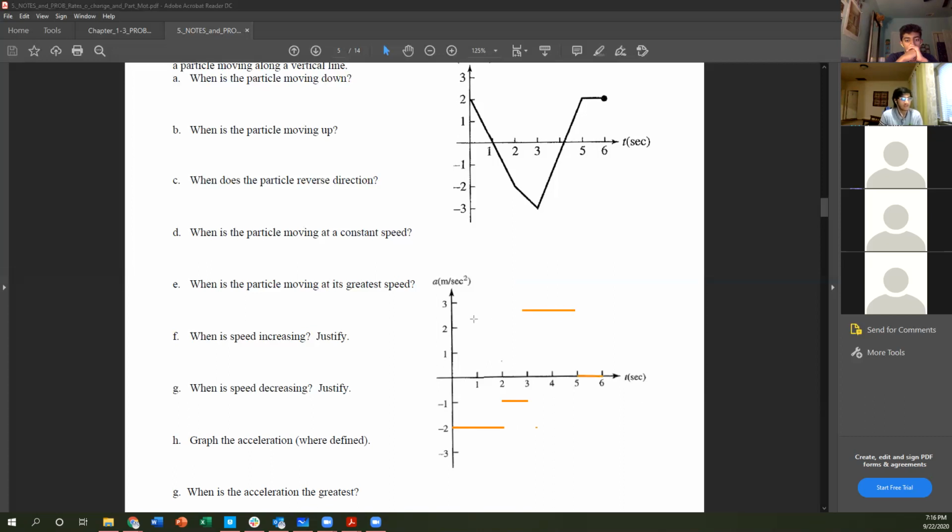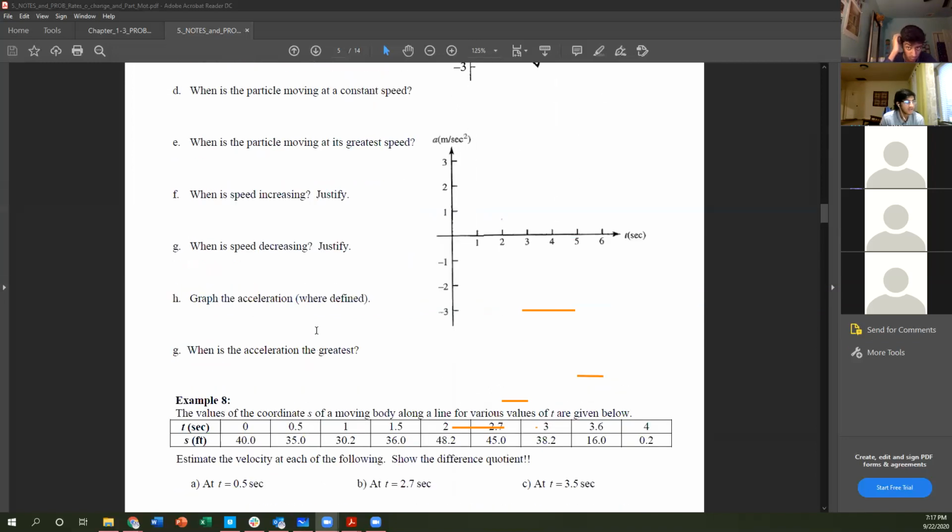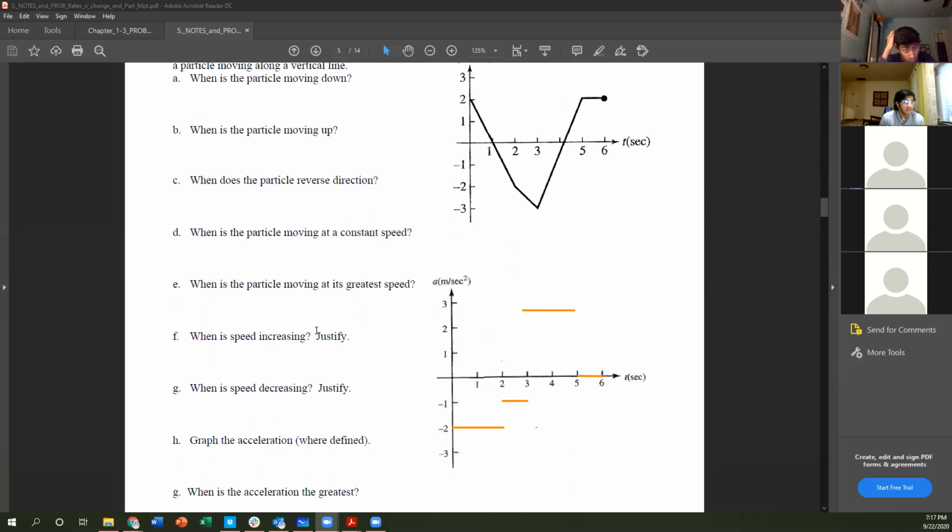You see, this would be the acceleration. Does that make sense? Yeah. Where is acceleration the greatest? I think that's pretty obvious. The greatest is from 3 to 5, right? Yeah. Are there any more parts to this question? No, that's it. Does that clarify some of the particle motion stuff?